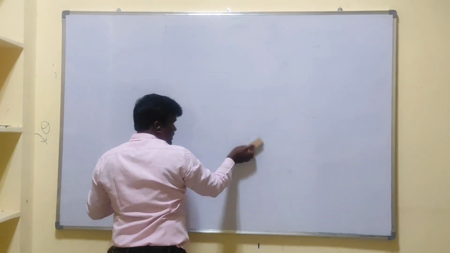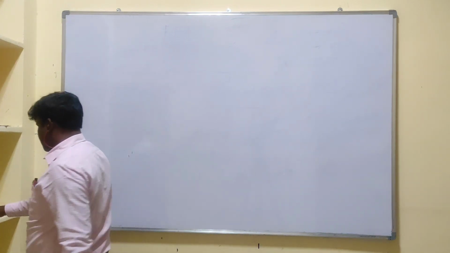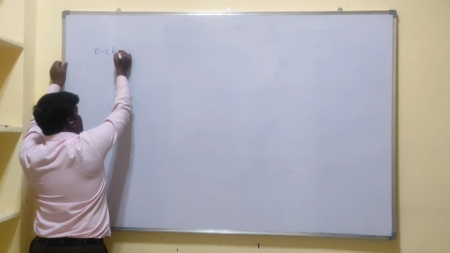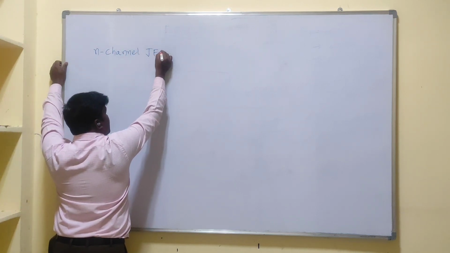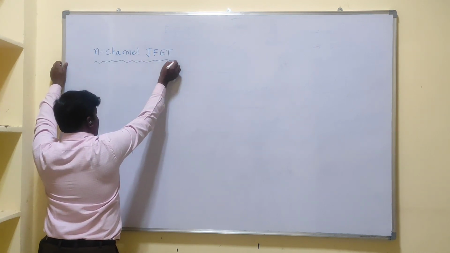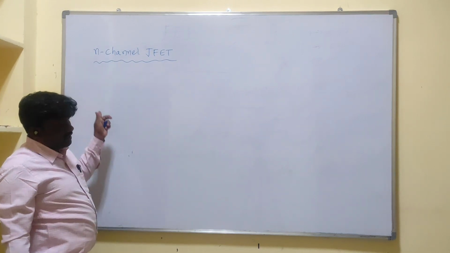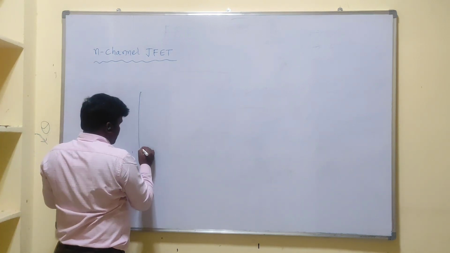Now coming to the construction of the JFET, let us take the N channel JFET. Name itself, it is a field effect transistor. N channel means there is a channel, and the type of channel is N.